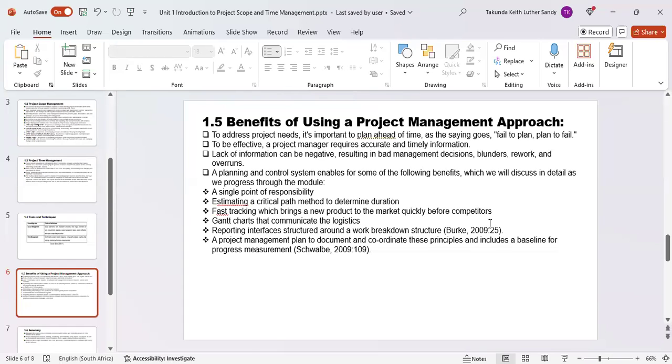As we all know, all projects are characterized by uncertainty, by delays, by risks. So by using a project management approach, you curb all those things, and you help your project to be completed successfully.